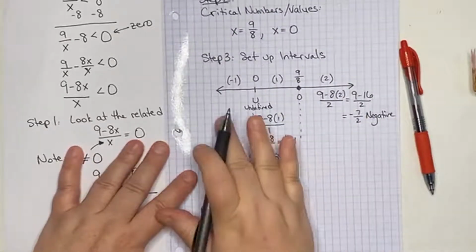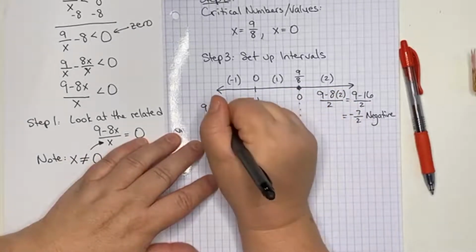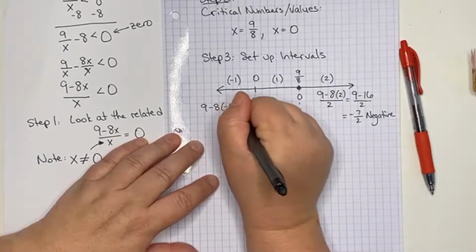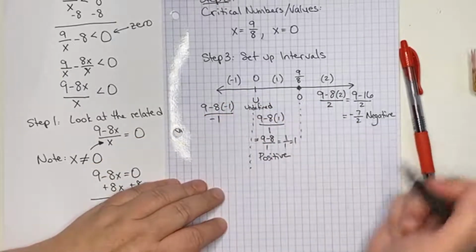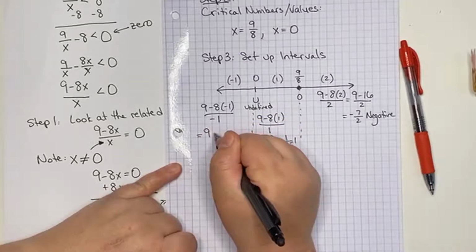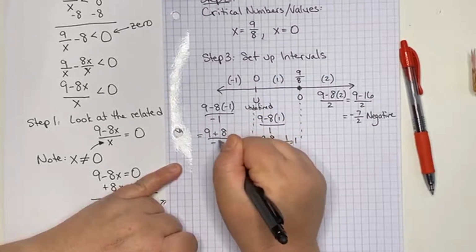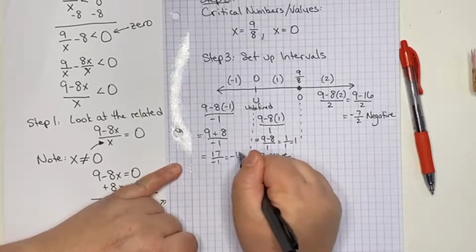And let's look at this third part of the interval at -1. 9 minus 8 times -1 all over -1. So it's going to be 9 plus 8 all over -1, and that's 17 over -1, which is -17.